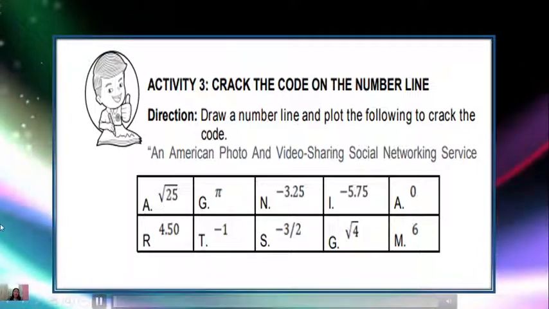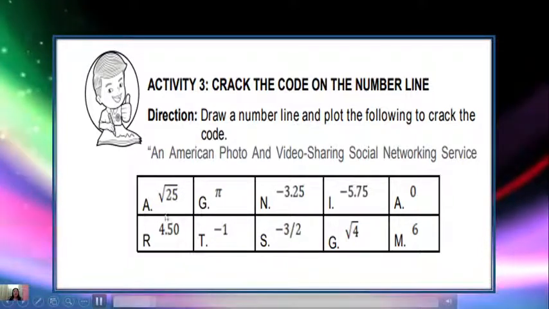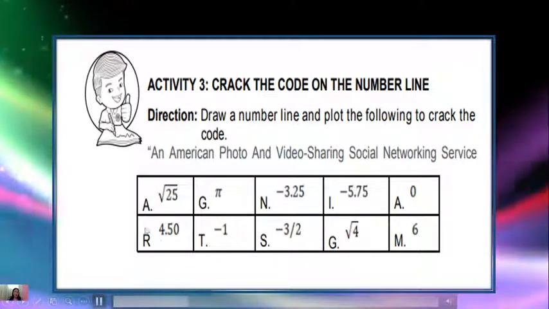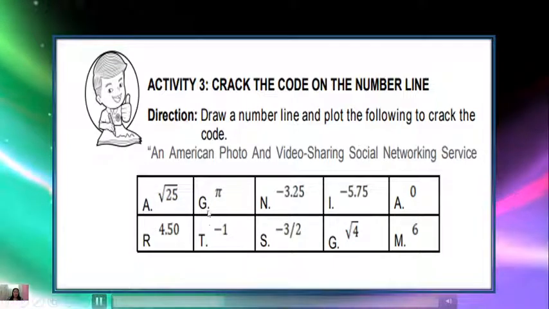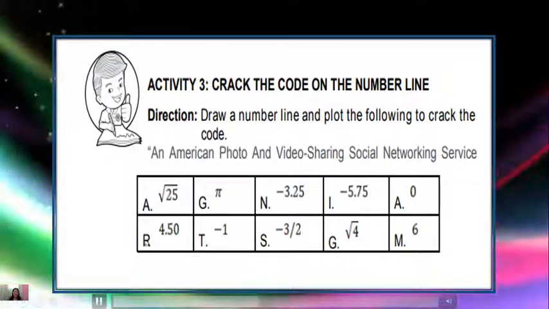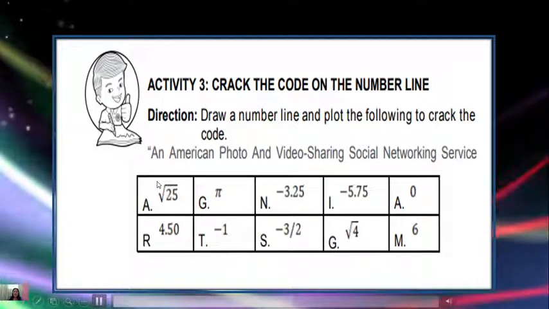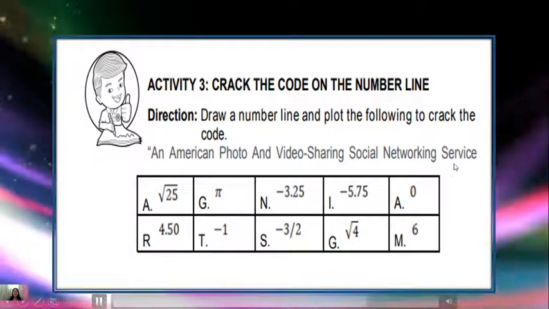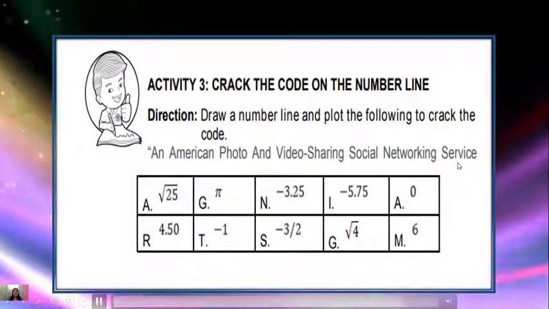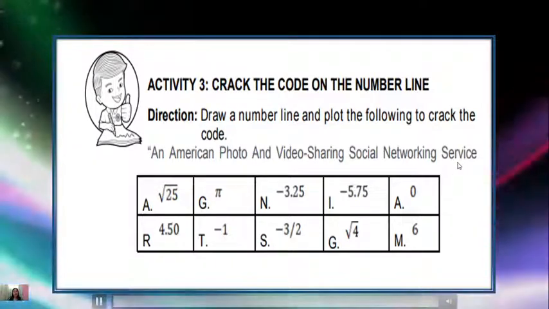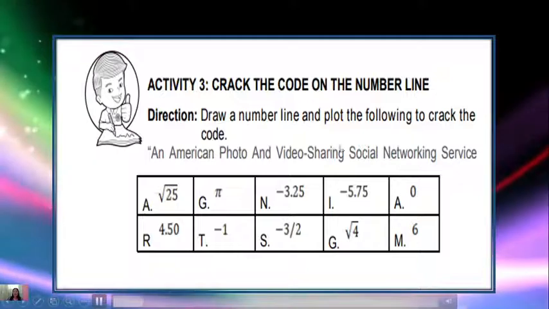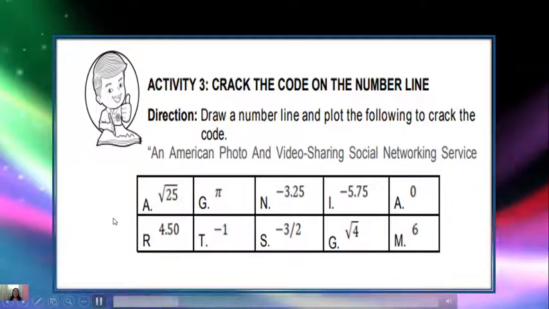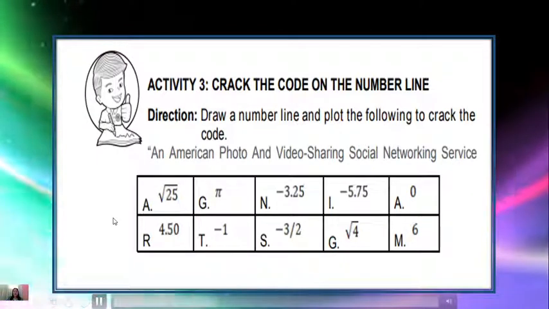Kapag nalocate mo na, ang label niya should be A, point R, point G, point T, para makakabuo ka dito ng phrase na kung saan yun yung magiging sagot dito sa ating An American Photo and Video Sharing Social Networking Service. Okay, so makakabuo ka dito ng phrase.